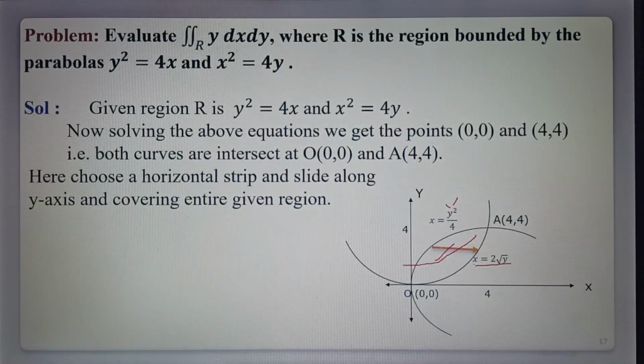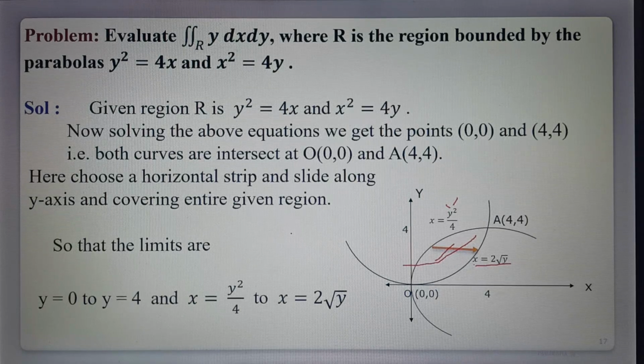The strip's edge on the left side is the left curve, x is equal to y square by 4, and the second edge on the right is the curve x is equal to root y. So this is the x limits, this is the y limits. So the limits are y is equal to 0 to y is equal to 4 and x is equal to y square by 4 to x is equal to root y.